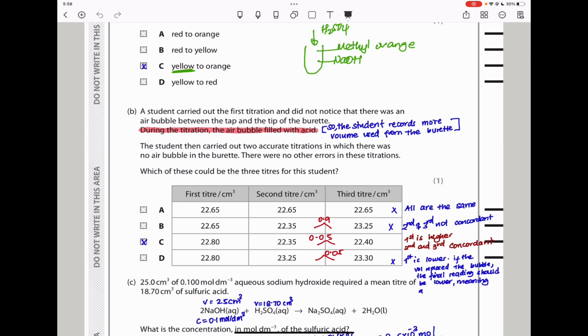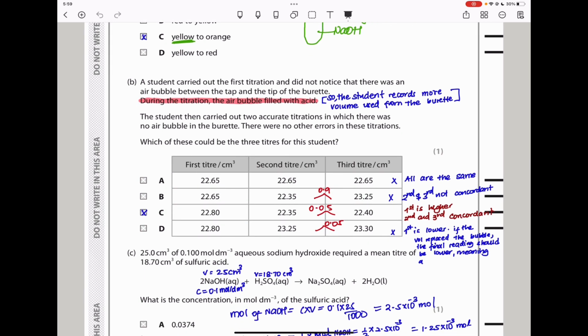So when they said during the titration, the air bubble filled with acid, it means some of the space the air bubble contained was filled by volume, so the student records more volume used from the burette. They think they have used more volume, yet actually they have used less, but there was an air bubble that had to be displaced.